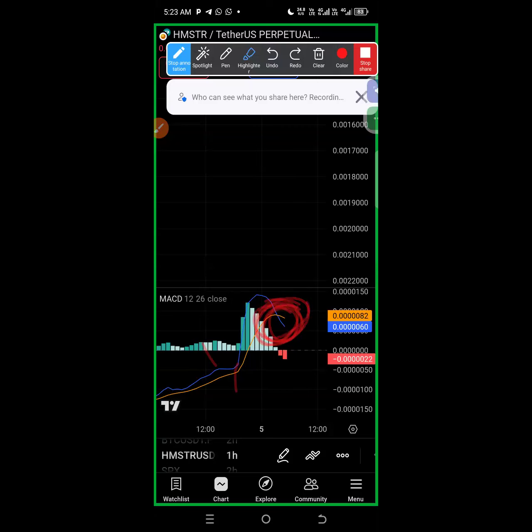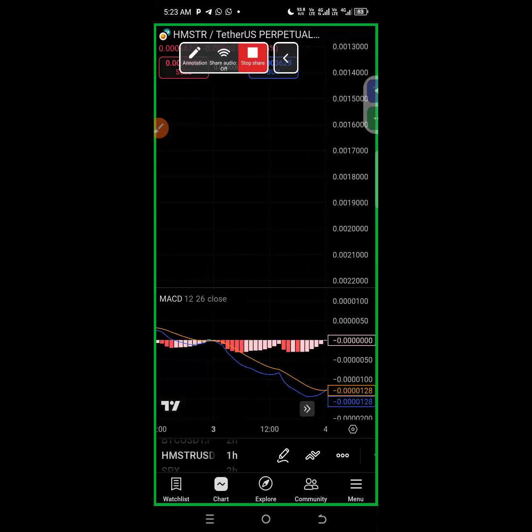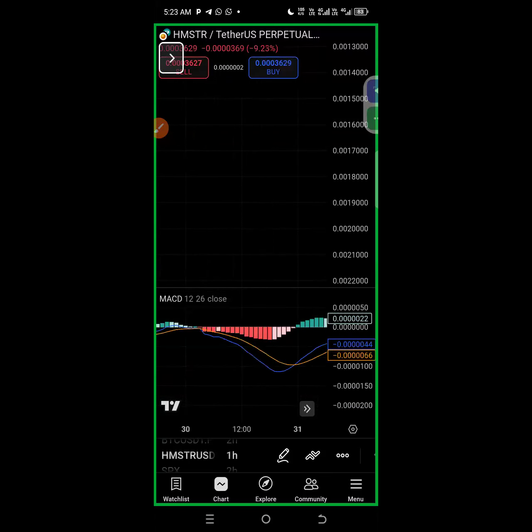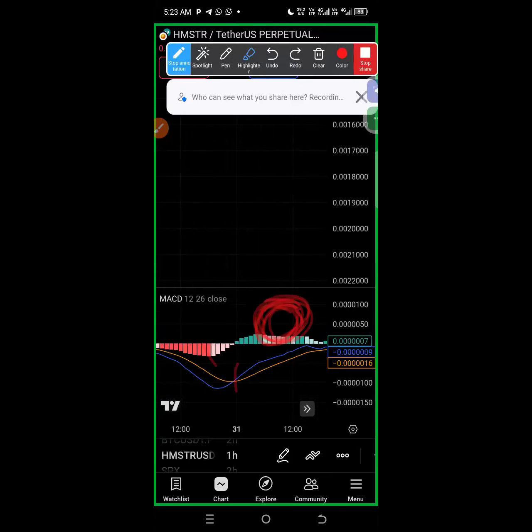That is the exact meaning of our observation on the chart, right? In the same manner, if we trace it back here, you can observe the crossover here, and the MACD line crosses above the signal line, which gave an indication that it is bullish.